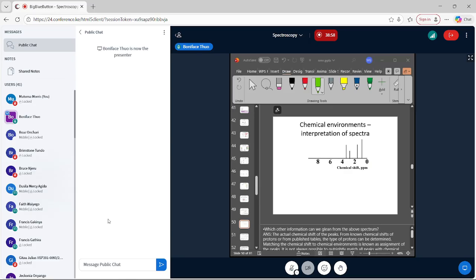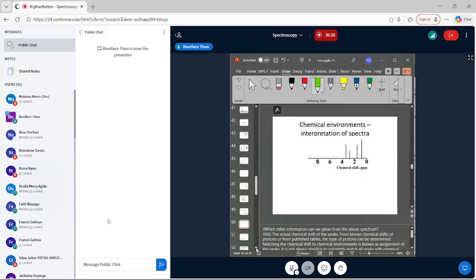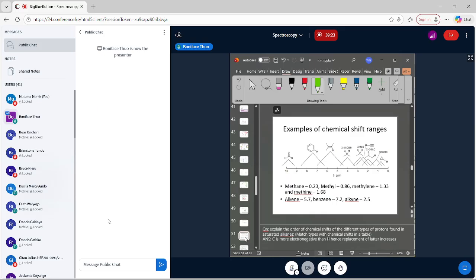The number of peaks gives you the number of chemical environments. The chemical shift tells you about the environment itself, and that can help you to determine the type of protons present in that compound.